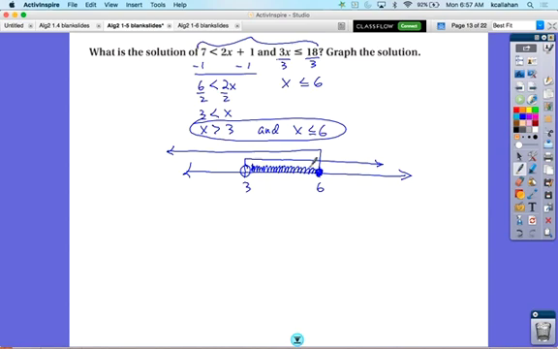Another way you can write this is with what we call a three-part inequality. I would go like this. 3 is less than x is less than or equal to 6. That says the whole thing. I don't need to use the word and or anything. And that's actually what real math people use.